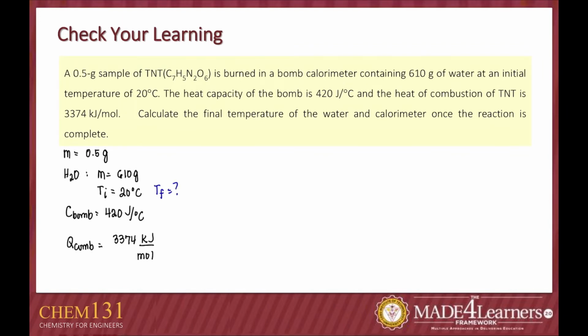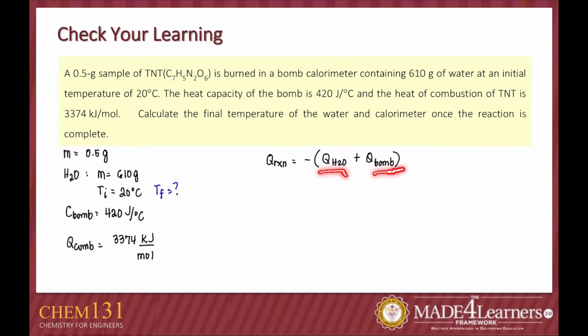Alright, so what will be our working equation? The working equation is, so Q reaction equals negative quantity Q water plus Q bomb. So, lahi si water ug si bomb. Ang gipangita nato ang final temperature ni water, which is at the same time the final temperature of the bomb.